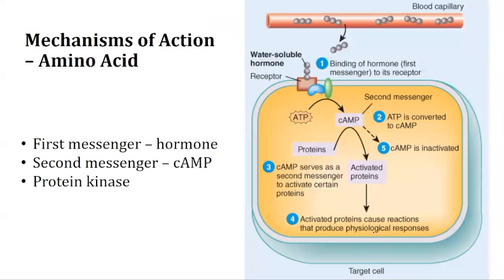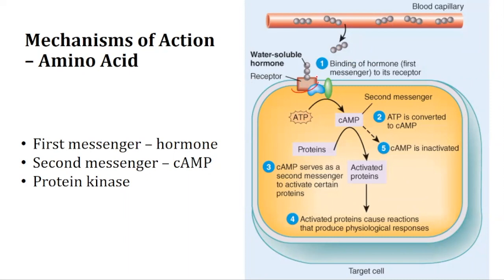Now moving on to amino acid derivatives. They work differently. Amino acid derivatives are more water-soluble, so they cannot penetrate through the cell membrane. They're going to come to the target cell and bind to the receptors on the surface, on the cell membrane.